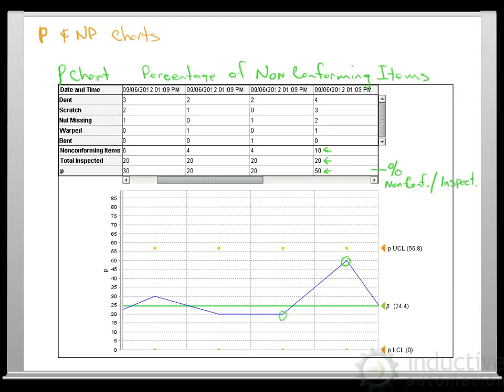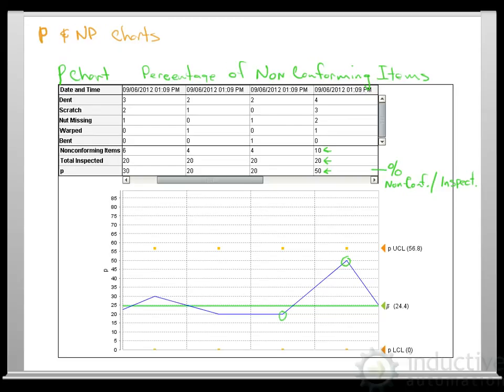So very similar to the NP chart, only we're dealing with percentage here. And likewise, we have our P bar. That is totaling up the percentages of every sample, dividing by the number of samples, and we get the p-bar. So in this case, 24.4.